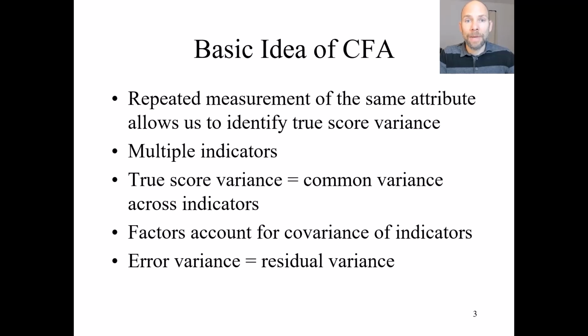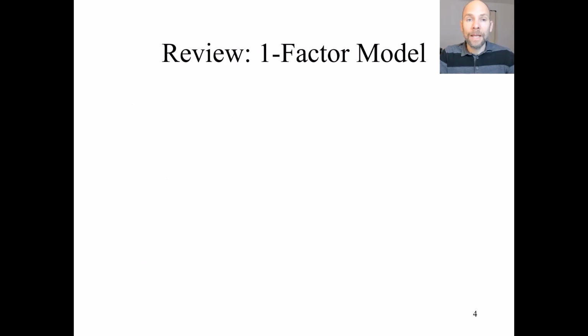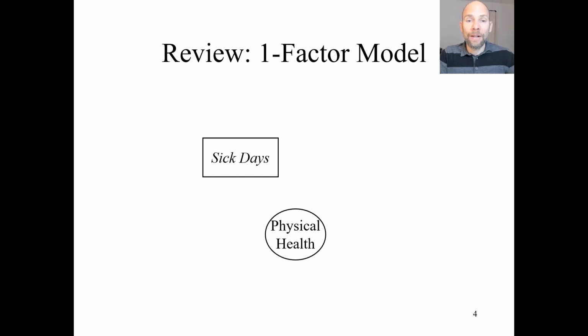reflects measurement error. Let's take a look again at our simple one-factor model to understand better how this works technically. In the one-factor model, we had a latent variable that was called physical health, and we assumed that this variable physical health is not just measured with one indicator, the number of sick days in a given year, but also the number of physician visits in a given year.